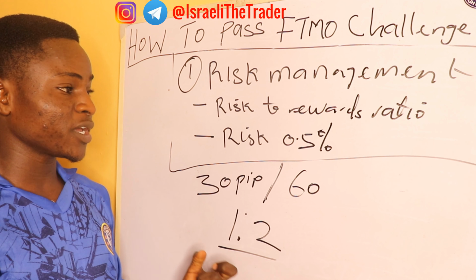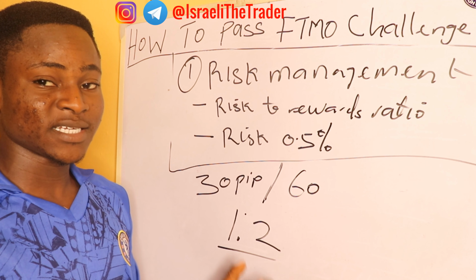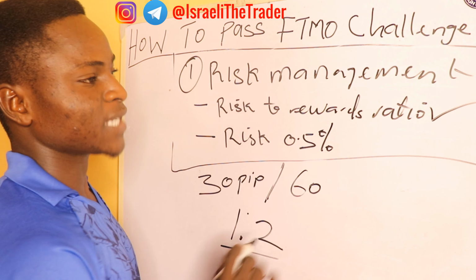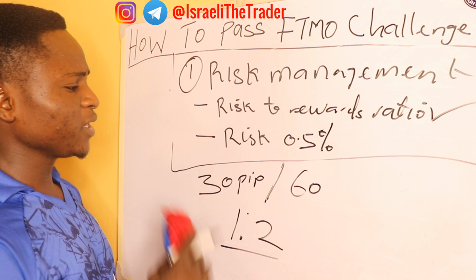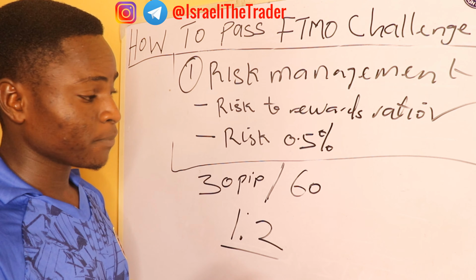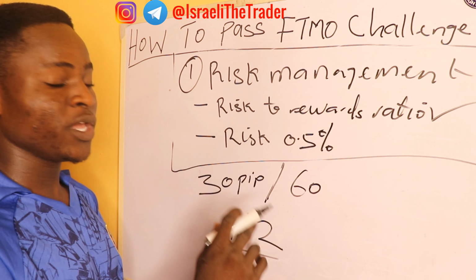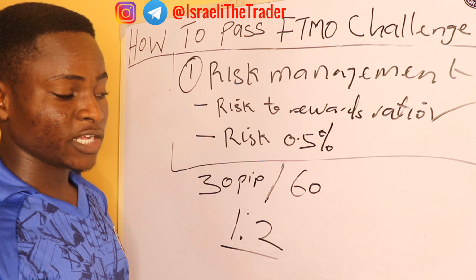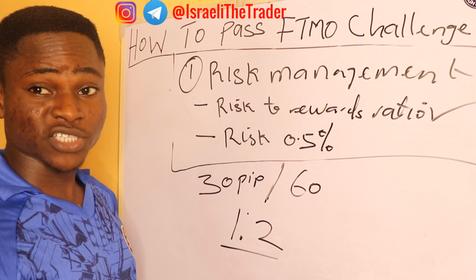Since we already know that we are supposed to go for at least 1-to-2 risk to reward ratio, then we should mark this out, right? Then coming down, risk 0.5% of your FTMO account. Let's say for example that we are going for a $10,000 account challenge, right?